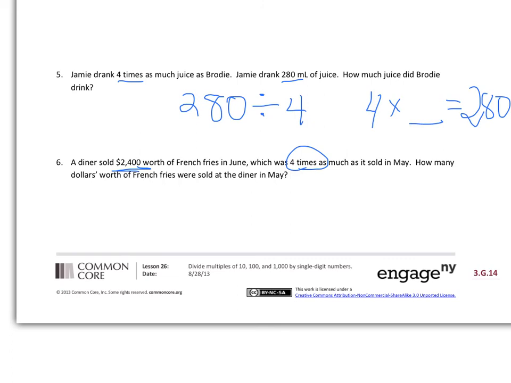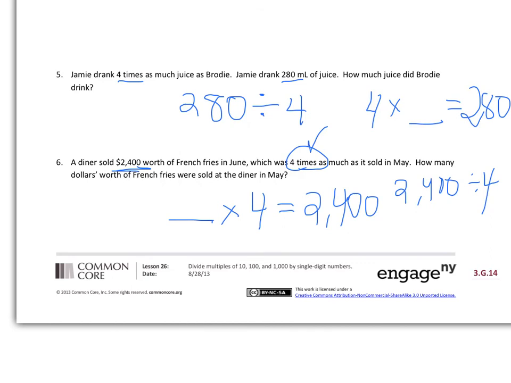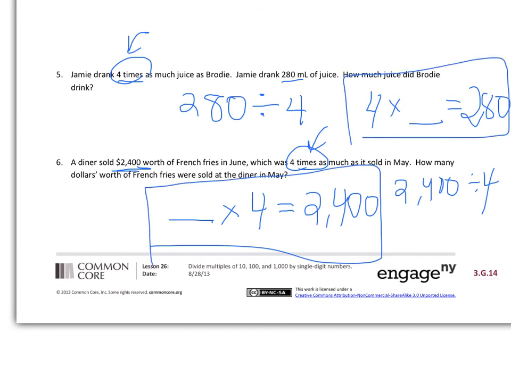So we say to ourselves, some number, the May number, times 4 was 2,400, or the total we have, 2,400 divided by 4. This is tricky, that the writer keeps putting 4 times as much and then giving you the number. So thinking about it like this is helpful, but then also remembering that the opposite of multiplication is division, and we can find that missing factor by doing division.